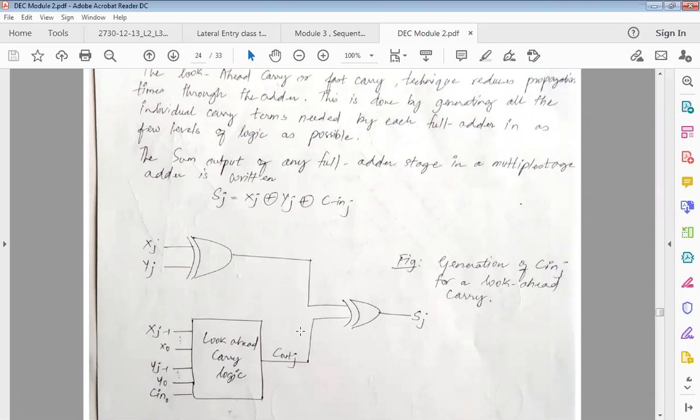With the process that was involved previously, there is a lot of delay involved. But with this, we are trying to analyze and generate the carry beforehand, and we are trying to provide it, and hence it is called look ahead carry generator.